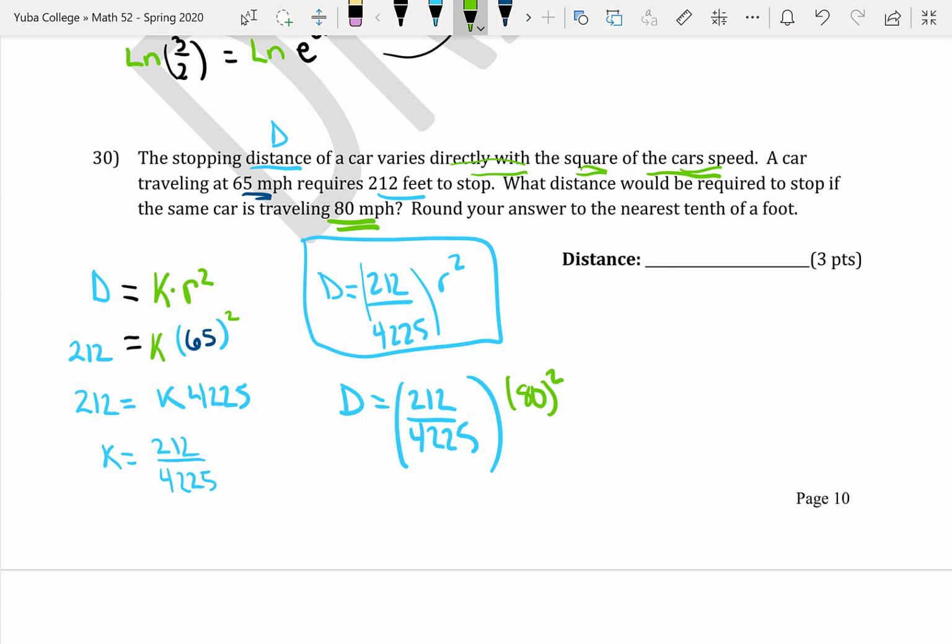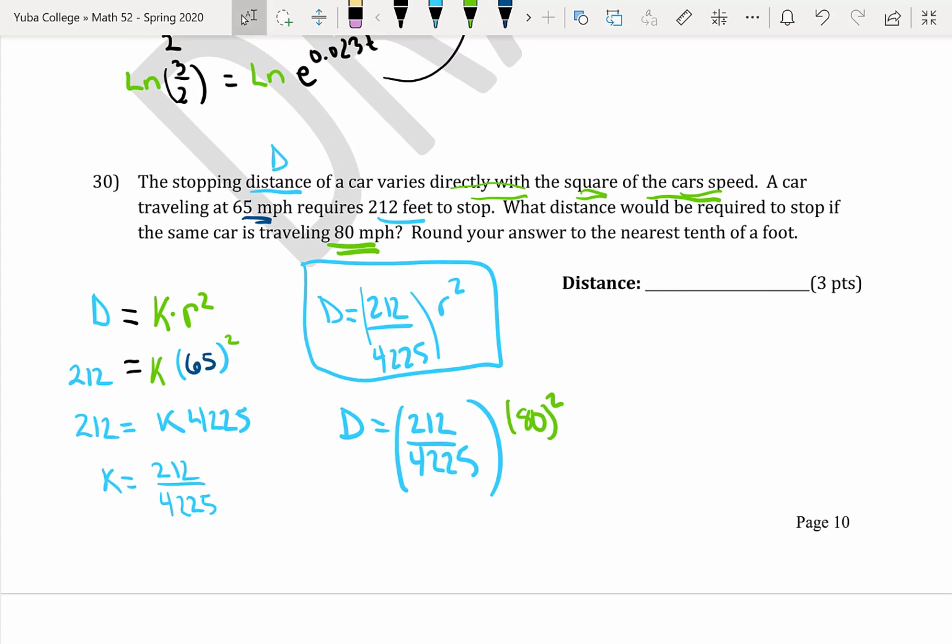Okay, so D is approximately, well, I have 321. But, nope, it says tenths, so yeah. So I have 321.13, so this is going to be 321 point, that 3 keeps the 1 the same.